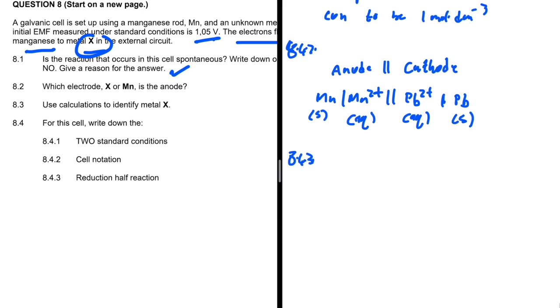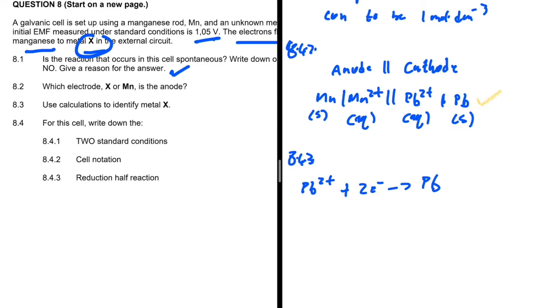8.4.3: reduction half reaction. Reduction occurs at the cathode, where we have a gaining of electrons. So we're going to have Pb2+ gaining 2 electrons to become Pb. Nothing complicated there. That is the reduction reaction.